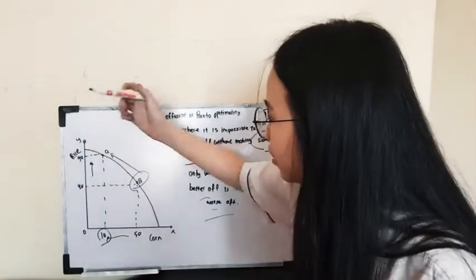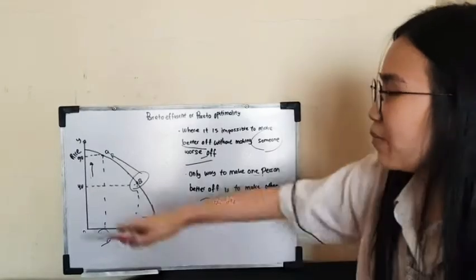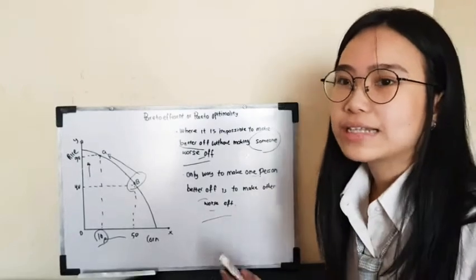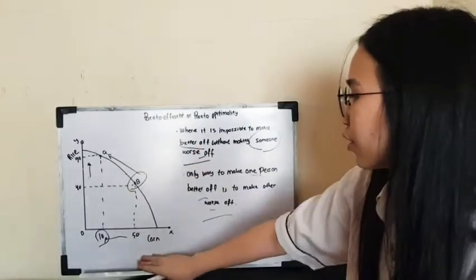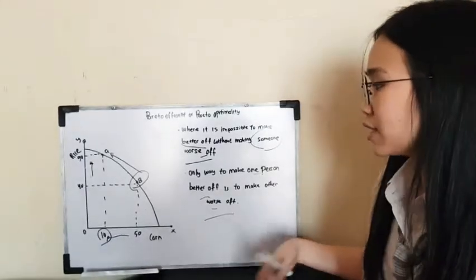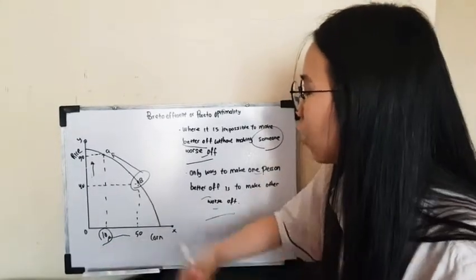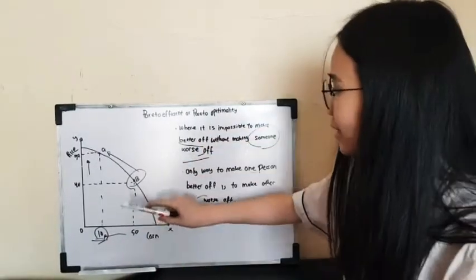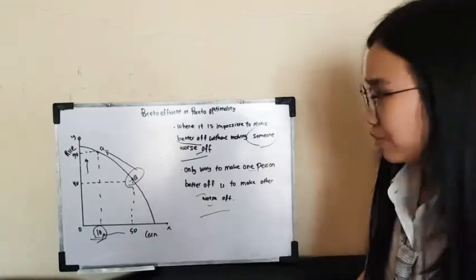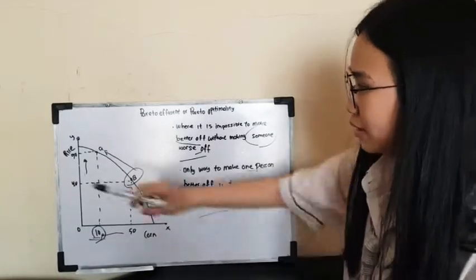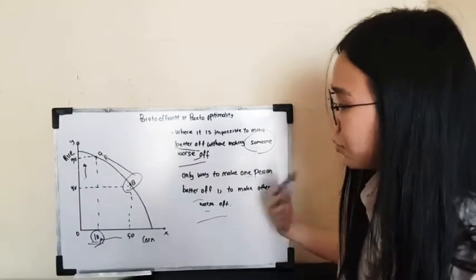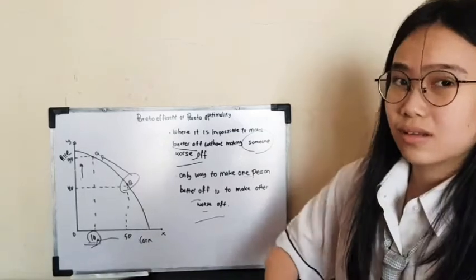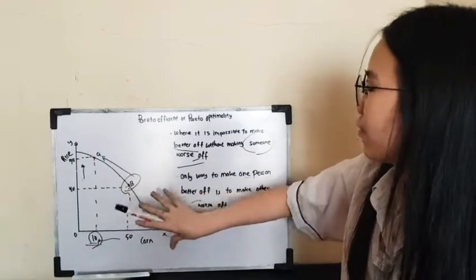Of course, rice consumers will be happy because there is more rice for them to buy. There is more availability of rice that they can choose. But the corn consumers will feel sad, they will feel worse off because now they only have 10 output, which is very little for them. So this is what we call a Pareto efficiency situation. In order to make the rice consumer happy, we need to make our corn consumer sad. So this is the main point about Pareto efficiency.